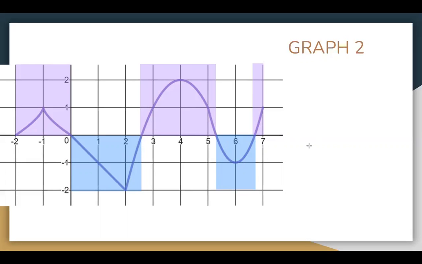It's not enough for us to just color them though. We do have to put an answer, list those numbers. So first positive, -2 to 0. This is about 2.5 to, let's say, 5.2, and 6.7 to 7.